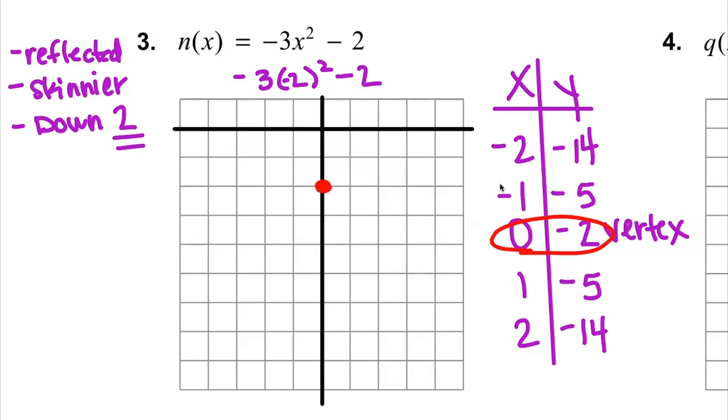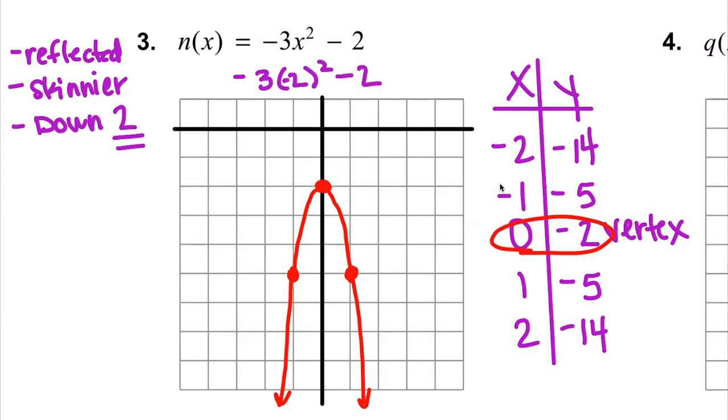And then we have 1, -5, and -1, -5. I did not plot those right. There we go. We are not going to be able to fit our other 2 points on there, so those 3 will be fine.